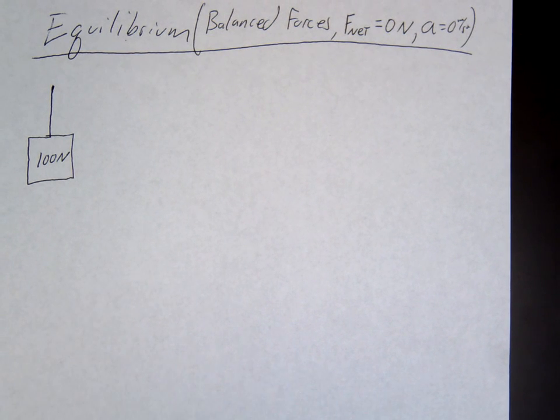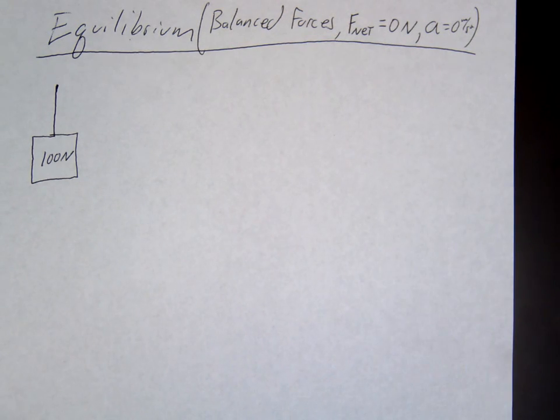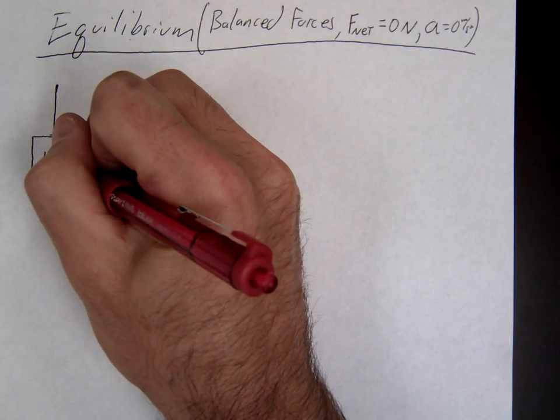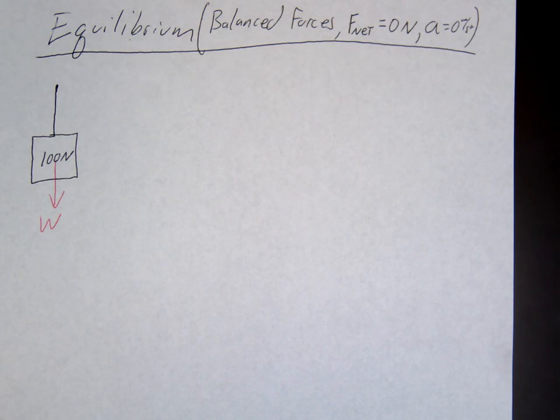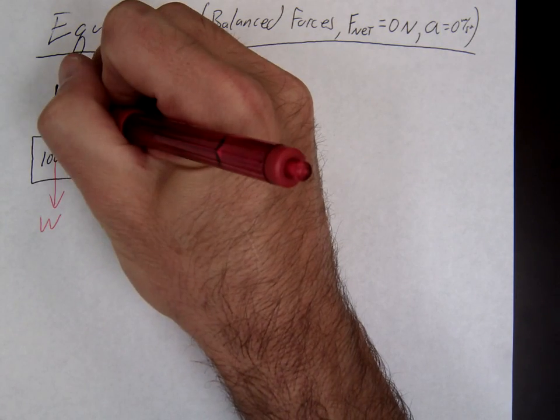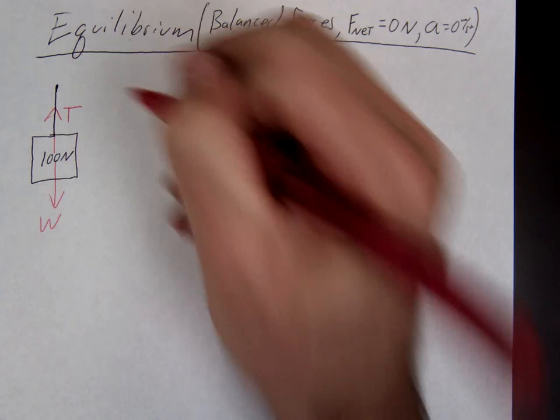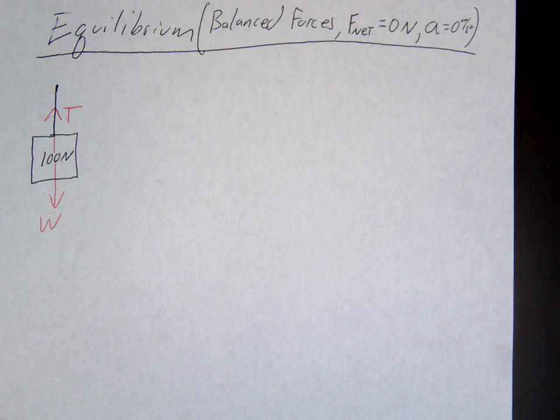Well, let's just rush through this quickly. If I asked you for the FBD, what do we have? We have the weight coming down, and we have the tension going up. Weight going down, tension going up.